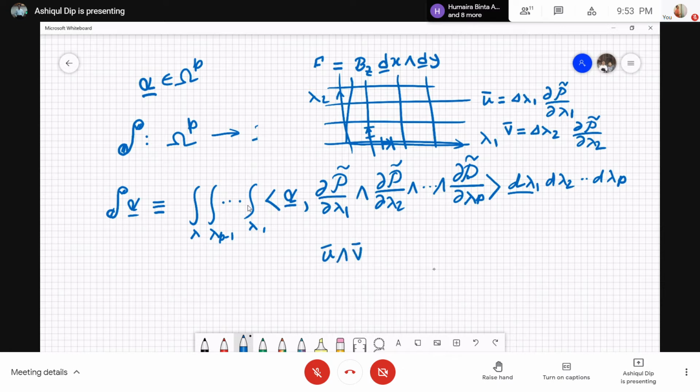Which is delta p tilde by delta lambda 1 wedge delta p tilde by delta lambda 2 times delta lambda 1 times delta lambda 2, right?